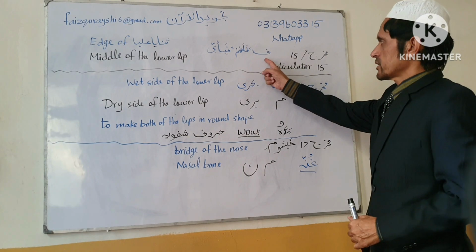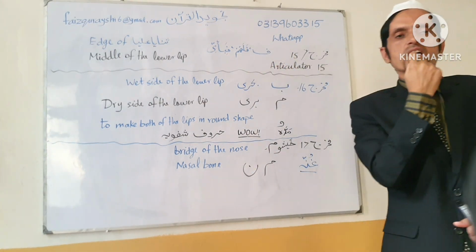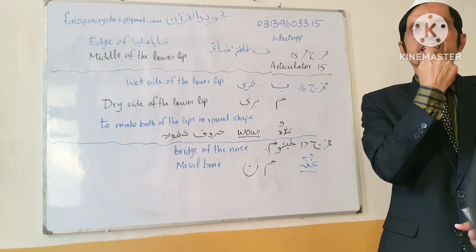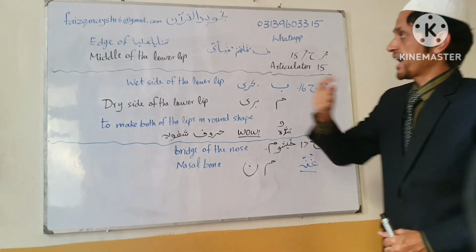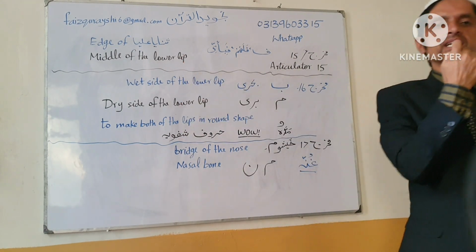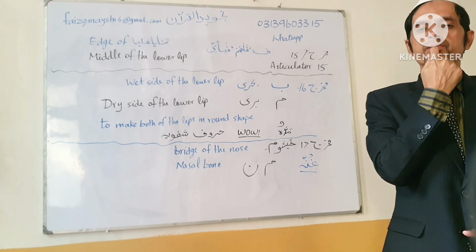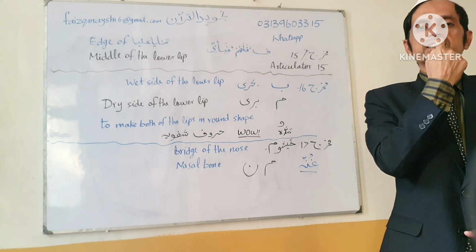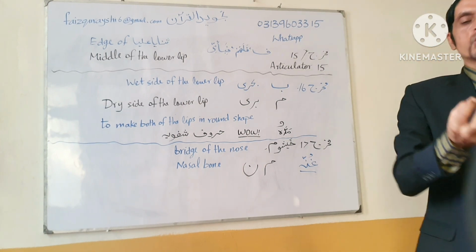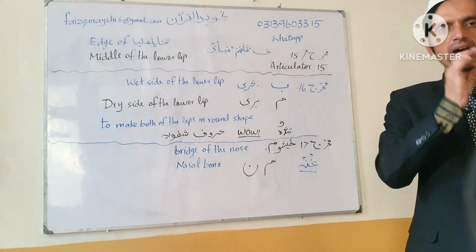But in the articulation of fa, you see the edge of these two front upper teeth, thanaya ulya, and the middle of the lower lip. Look at your lip. This is our lip. So when the edge of the teeth touches the middle of your lip, we articulate the letter fa, fa.